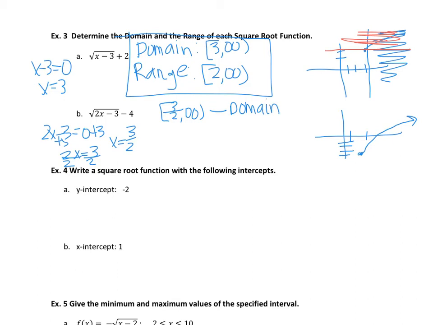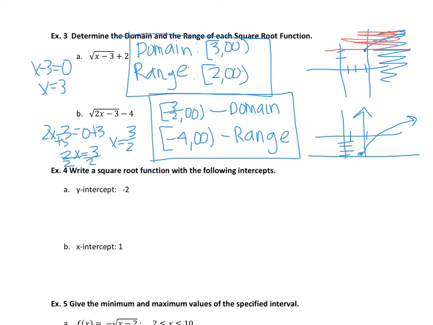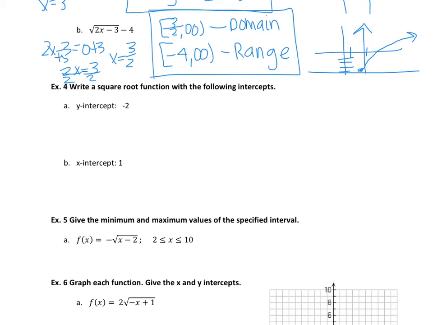And then for my range, I know that I've got everything from -4 to infinity, based off of my y values start here and go up. And that's going to be my range. So you can use those transformation thoughts and knowledge to help you figure domain and range.